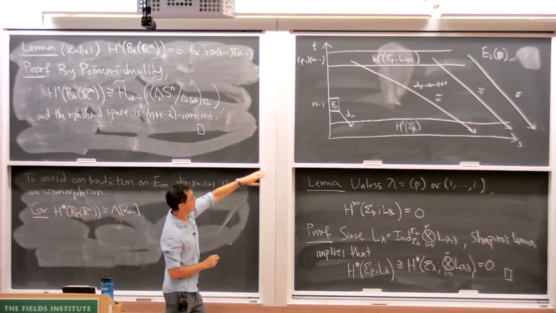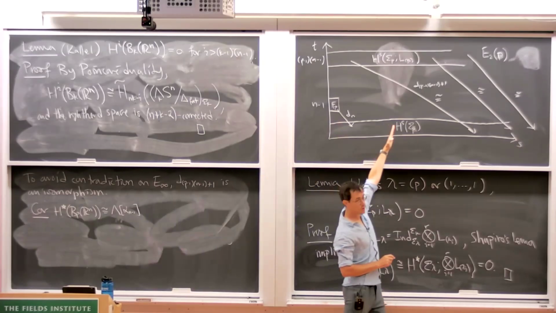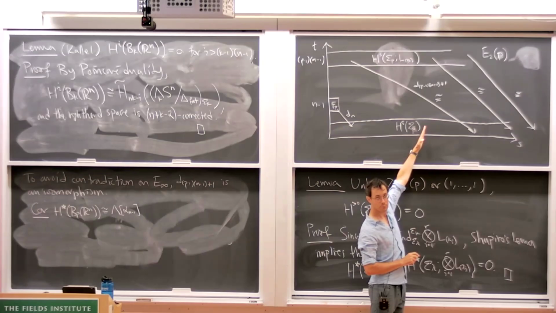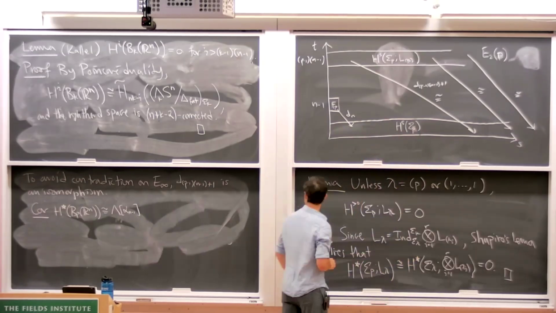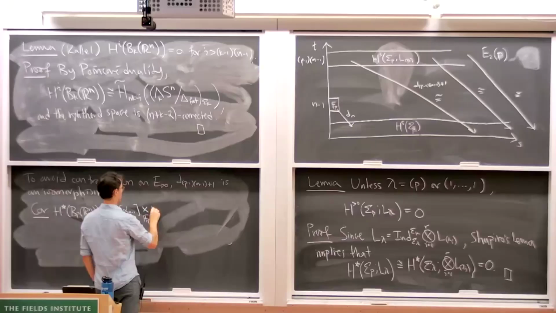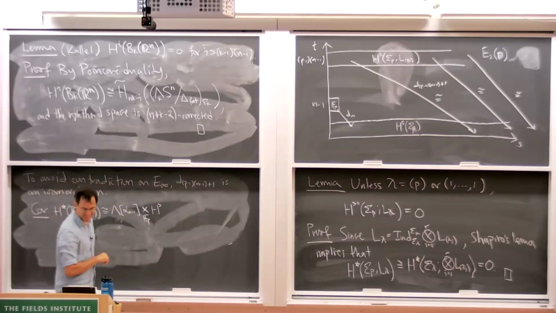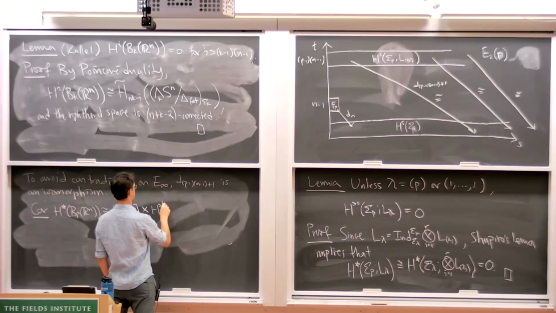And then the only other stuff that survives is a truncation of the cohomology of sigma p until it's killed by this differential. So that's to say that we have to cross over F_p with the cohomology in degrees greater than p minus 1 times n minus 1.